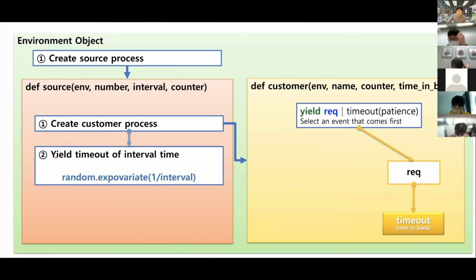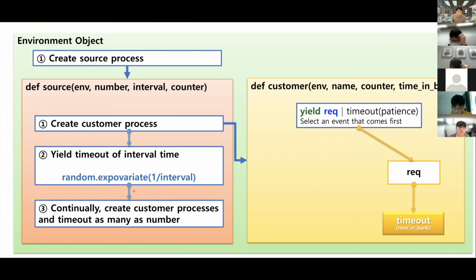And step by step, the arrival time between every customer will be made as an exponential distribution, and continue until the last customer has arrived and been serviced or left. That is the entire structure of this code.